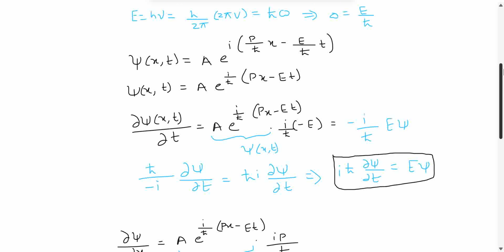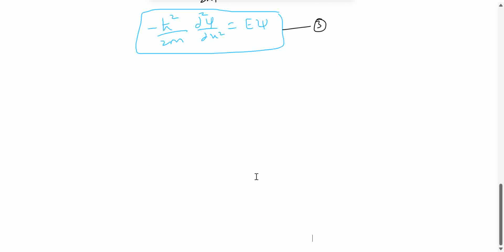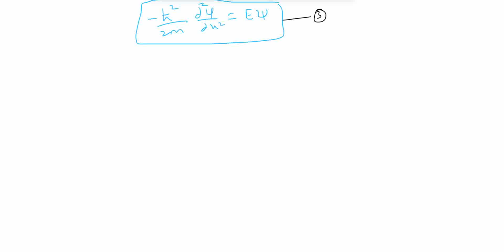So i h cross dou psi by dou t is equal to E psi, which is equal to minus h cut square by 2m dou square psi by dou x square.